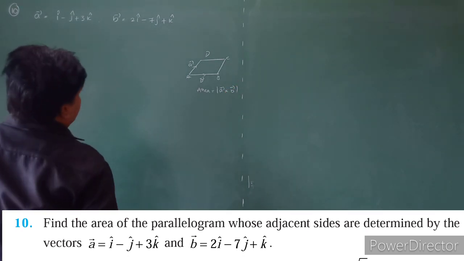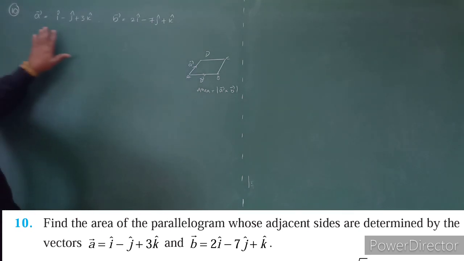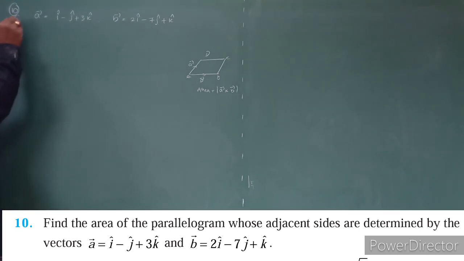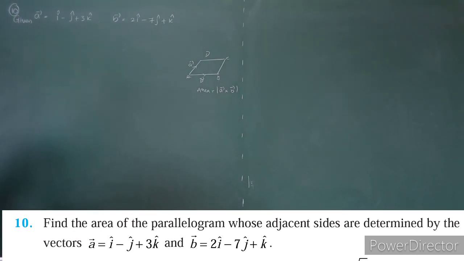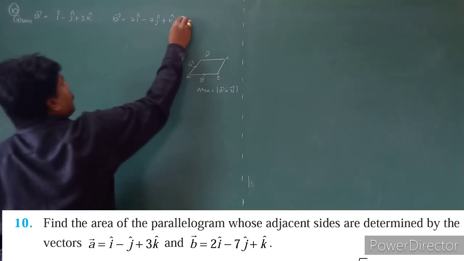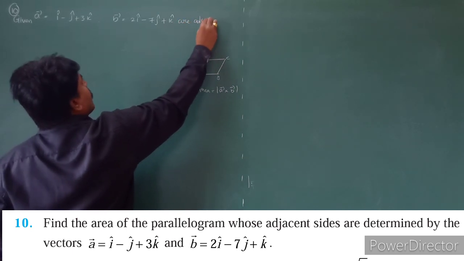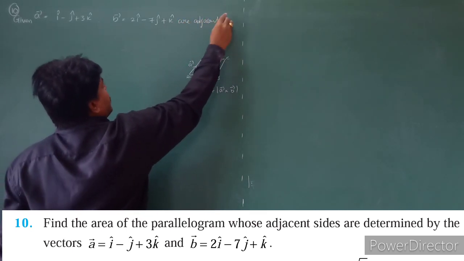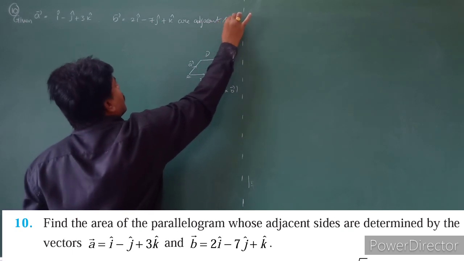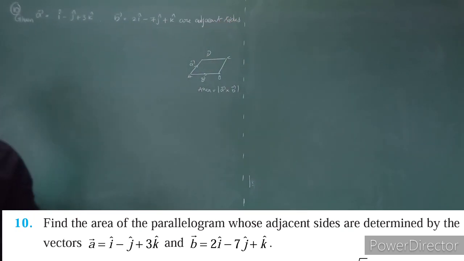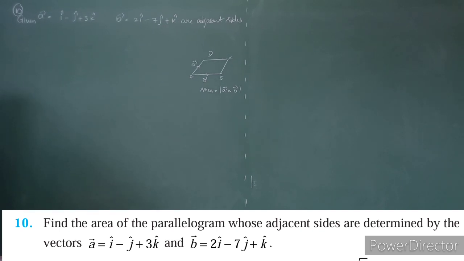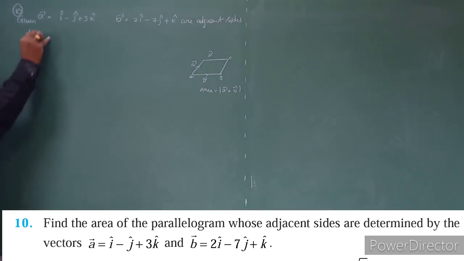So here we will calculate that area. They are already given the condition: a bar, b bar are adjacent sides of the parallelogram.